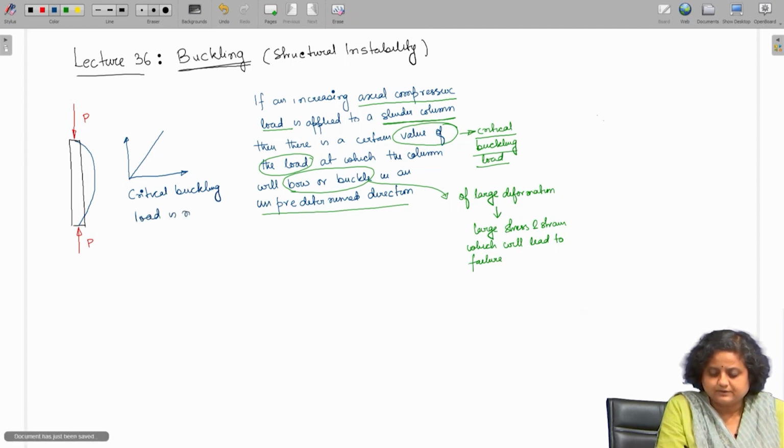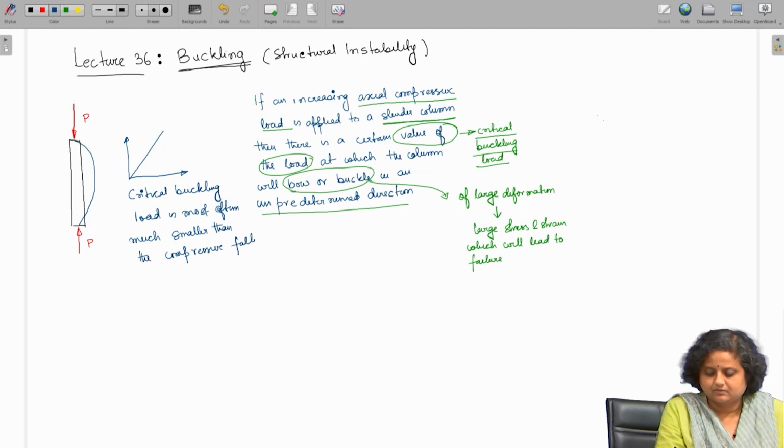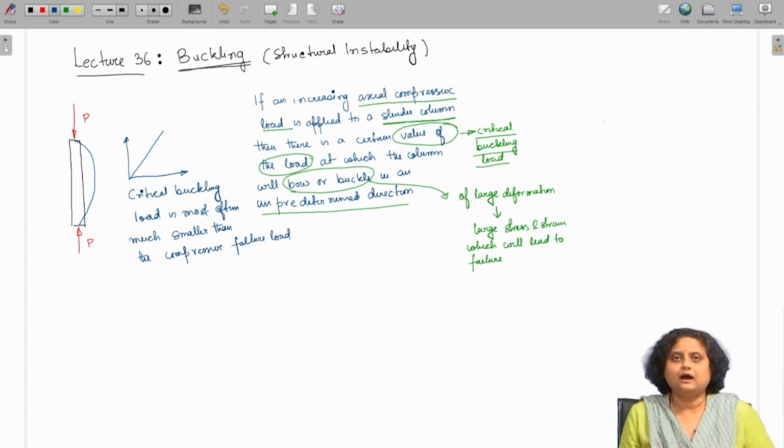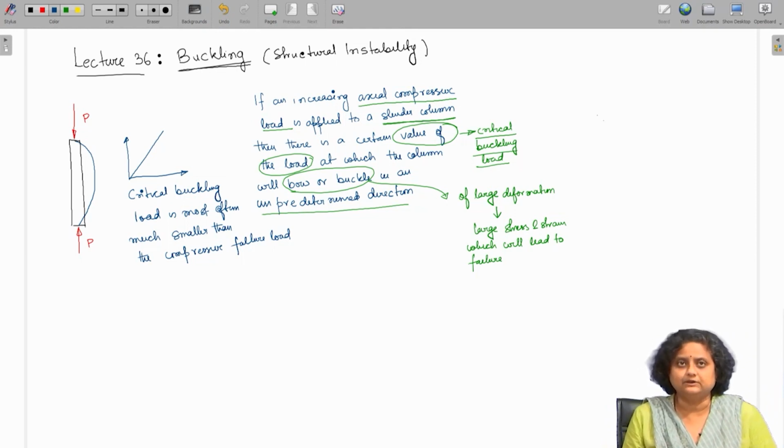Like the ultimate strength in tension of a material, there is also an ultimate strength in compression for the material.